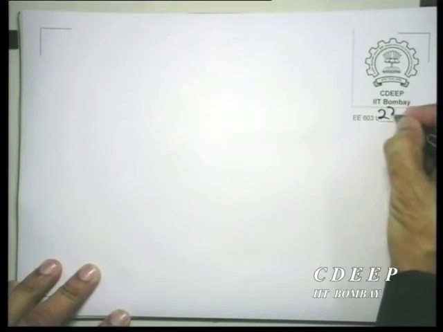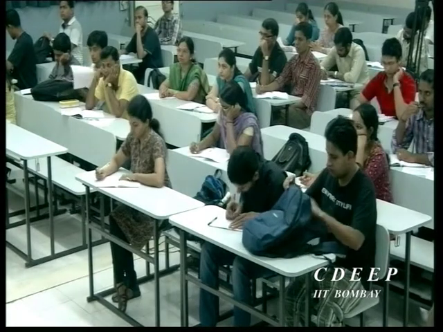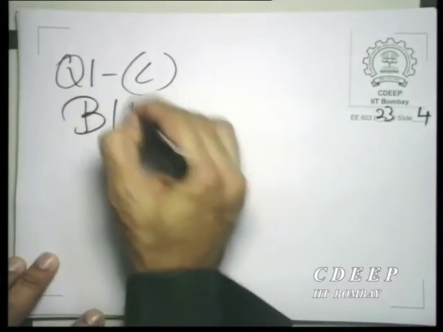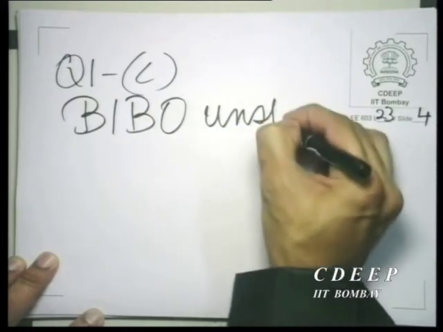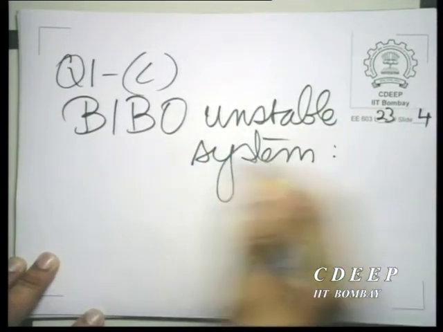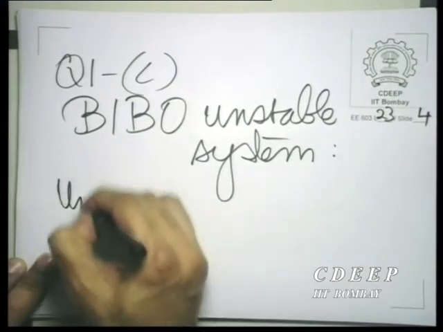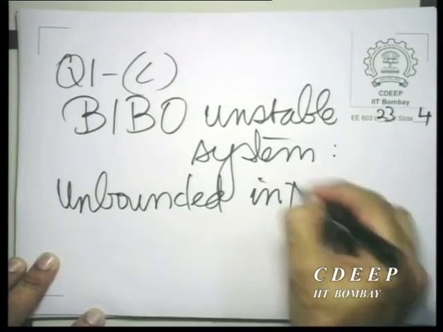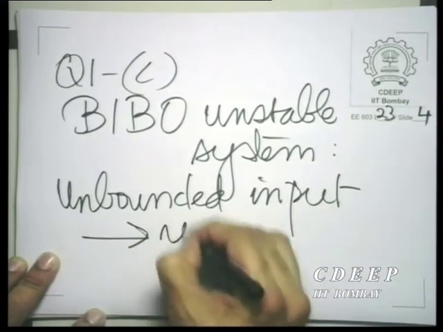If there are any questions, please pose them right then and there. So, question 1, part C, asked whether in a BIBO unstable system, does an unbounded input necessarily produce an unbounded output?